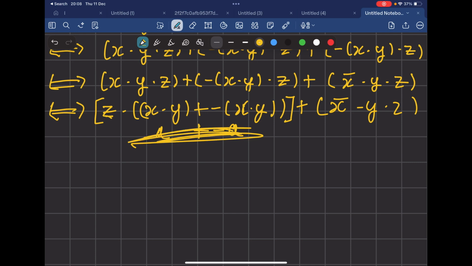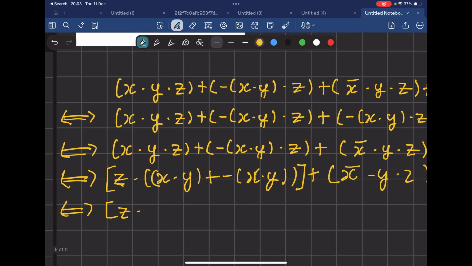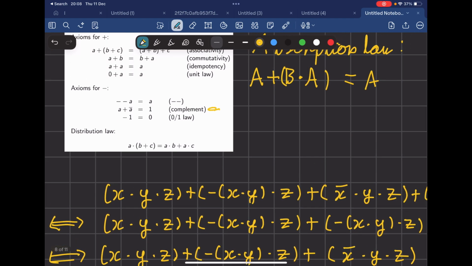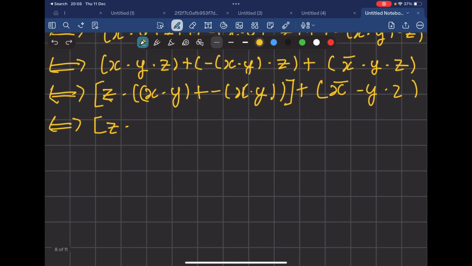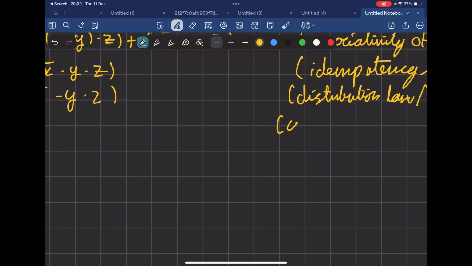So let's just do that. So now we have z and 1 by the complement law. So complement law.